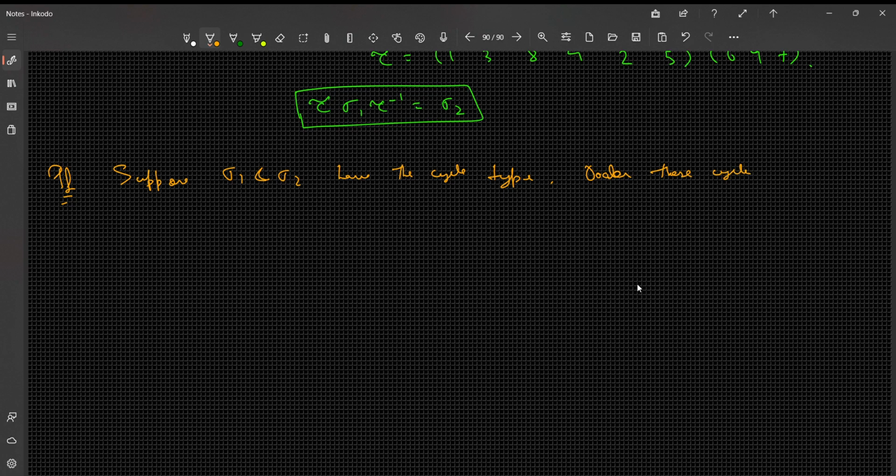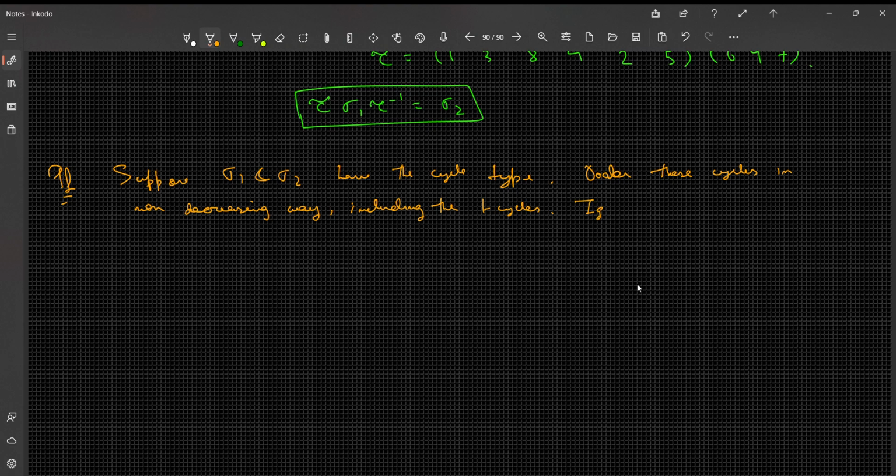So we order these cycles in a non-decreasing way, including the 1 cycles. Clear?